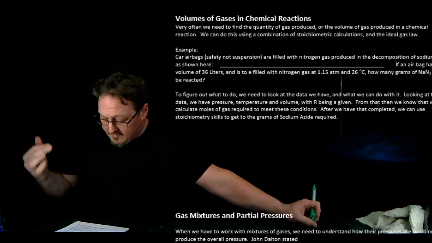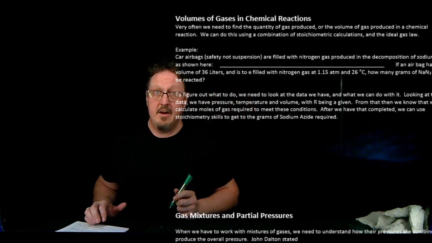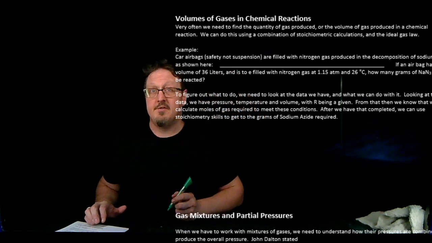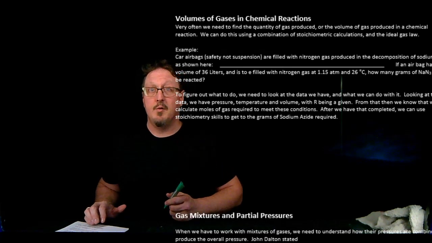Okay, so the example I'm going to use is about car airbags, so safety airbags. They are filled with nitrogen gas. That nitrogen gas is produced through a decomposition of a compound called sodium azide.